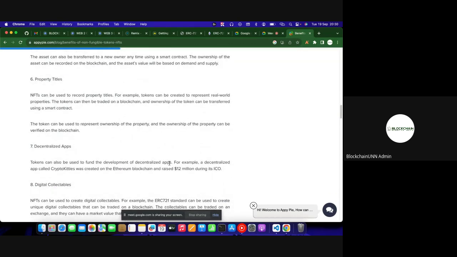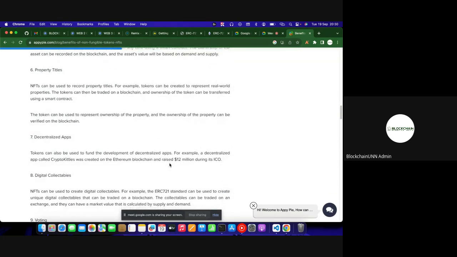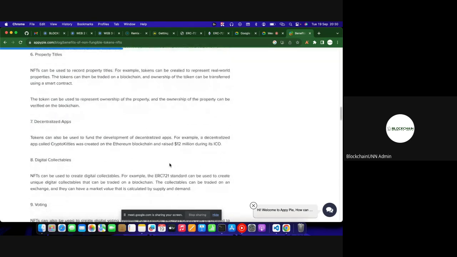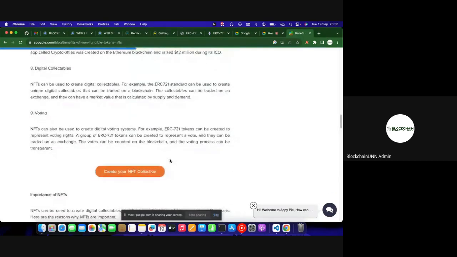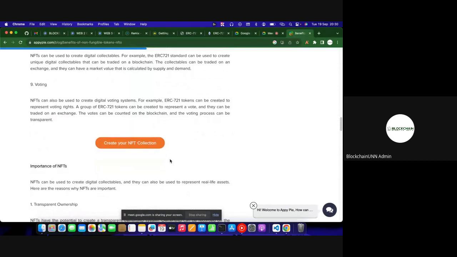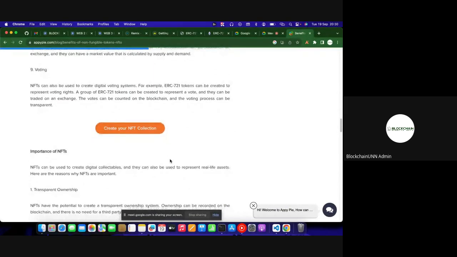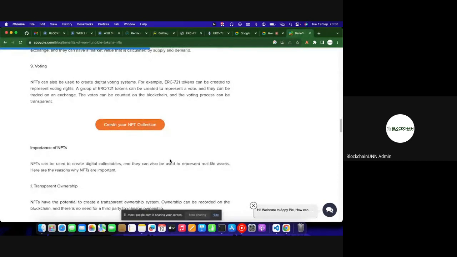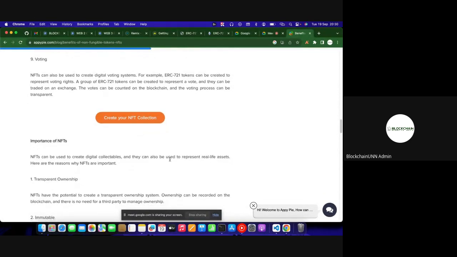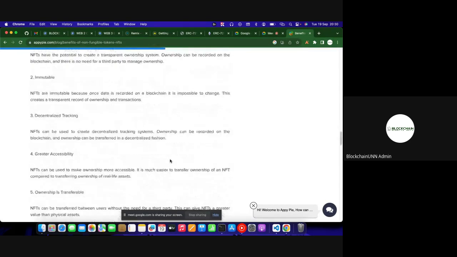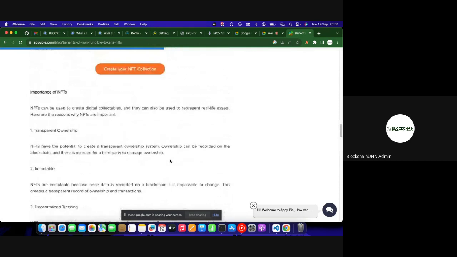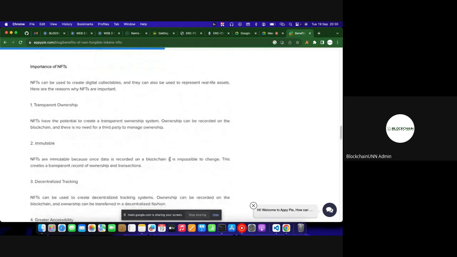You can use NFTs to represent real world properties, trade them, and so on and so forth. And there's also the research on using NFTs for voting systems, right? NFTs can be created to represent voting rights, and a group of tokens can be created to represent a vote, and they can be traded on exchanges. So here are other importances of NFTs which you could go through.